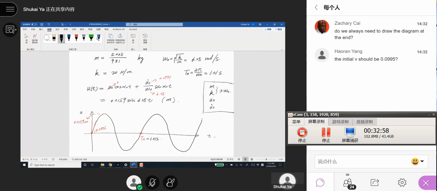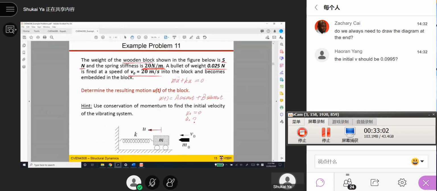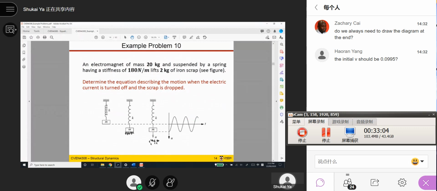Okay. We mentioned a little bit of question 10. For this system, an electromagnet with mass 20 kg is suspended by a spring with stiffness k, and for sure k is this one. There's no doubt. It lifts 2 kg of iron scrap.